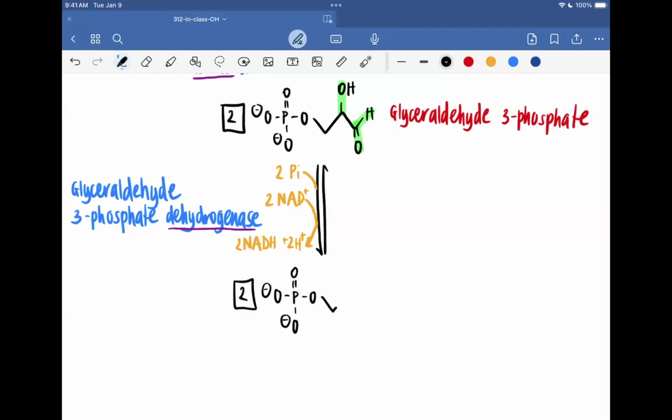So this is carbon 3, 2, 1. Alcohol will be maintained at carbon 2. But now, instead of just having an aldehyde at carbon 1, we have a second phosphoryl group. And so that is our overall chemical change here. And this molecule is called 1,3-bisphosphoglycerate.